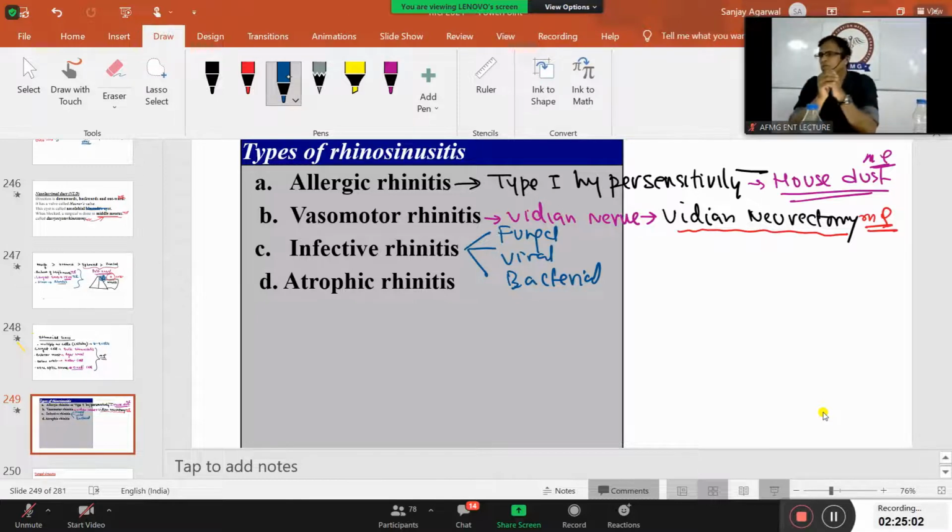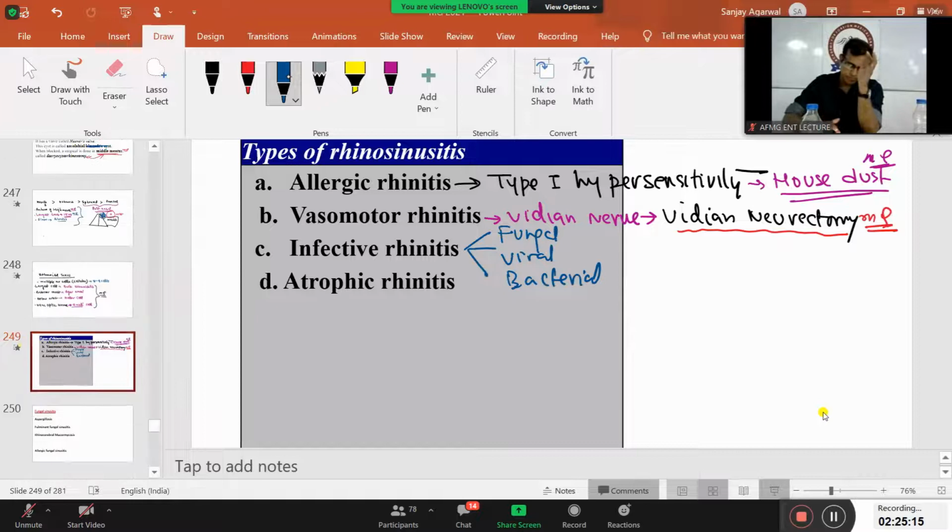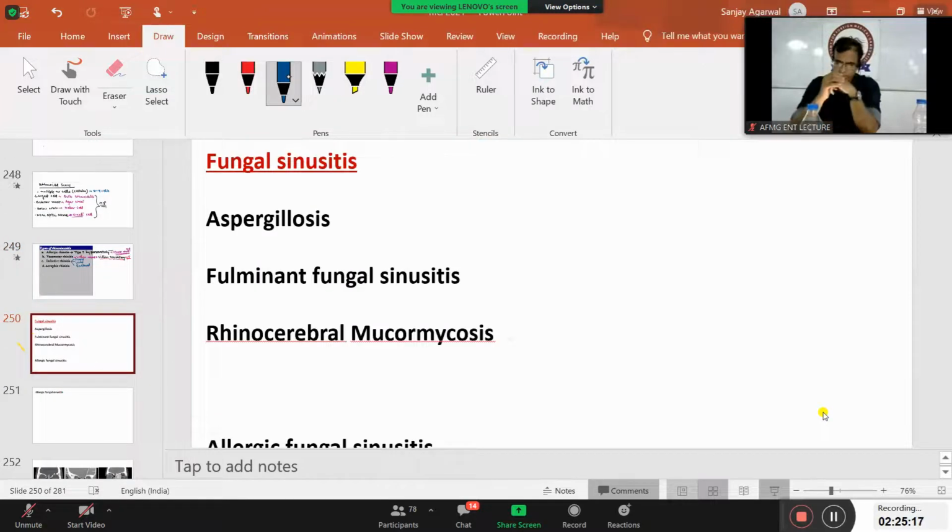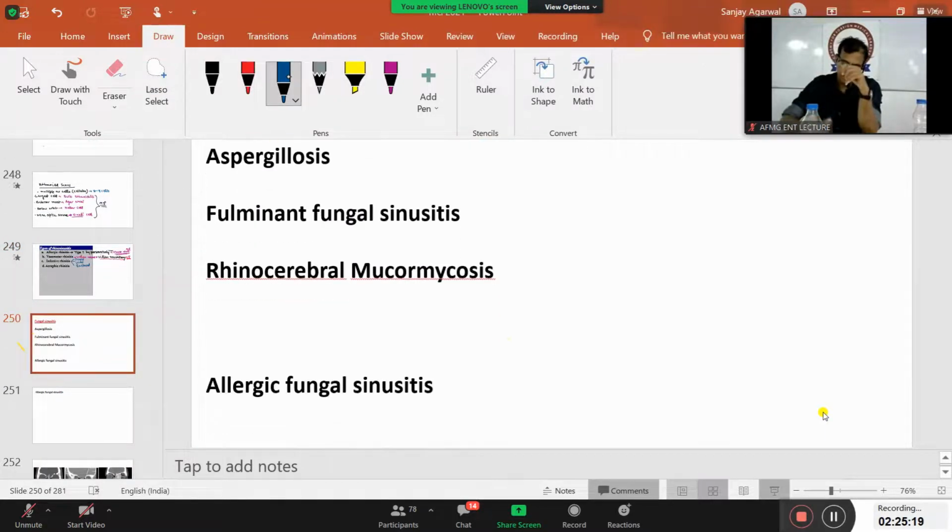We have to know the two, fungal and bacterial. Fungal and bacterial are important. This we will discuss, and we'll start with fungal rhinosinusitis. Now we are talking about the real stuff that will be asked in the exam. Fungal rhinosinusitis can be of 4 types.